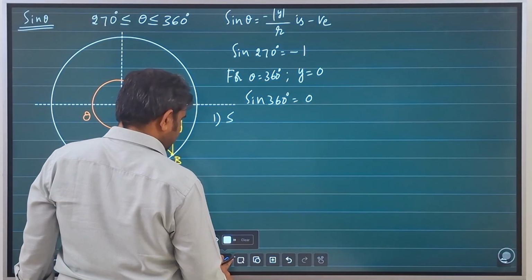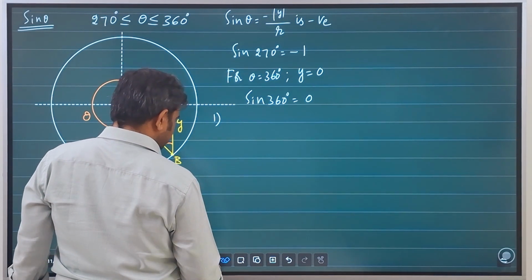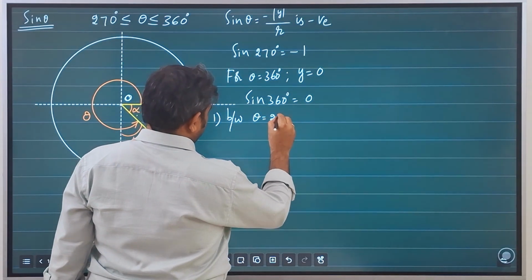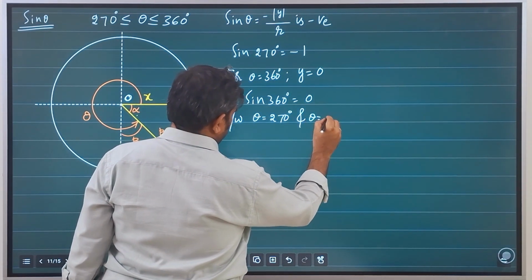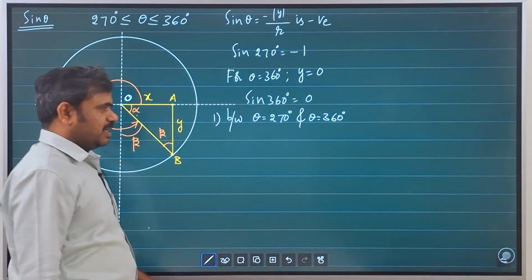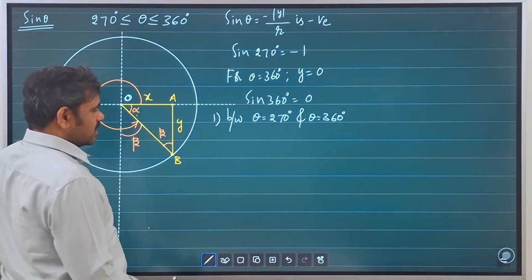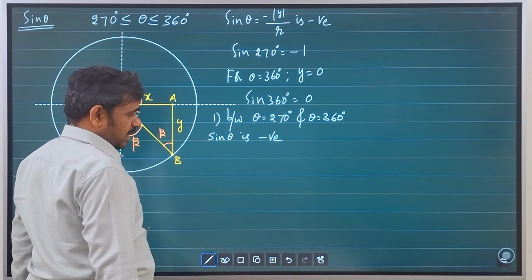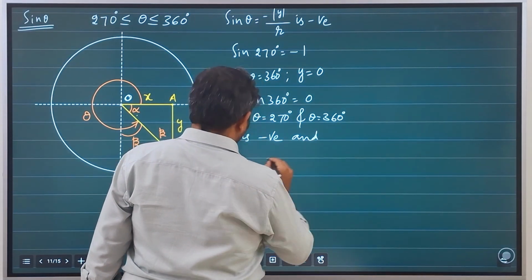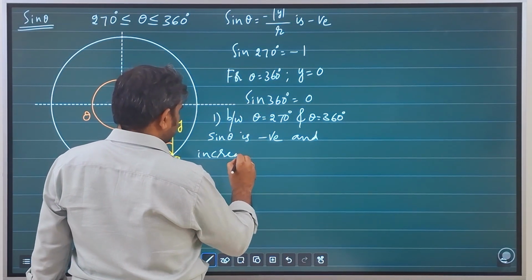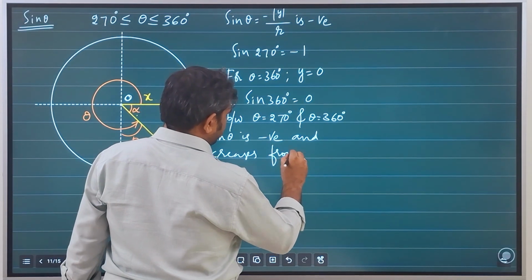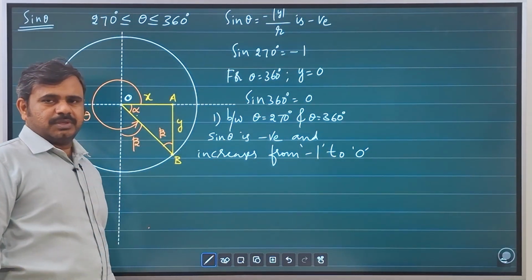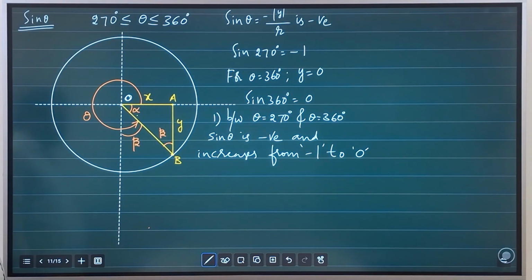As theta increases from 270 degrees to 360 degrees, sin theta is negative and increases its value from -1 to 0.